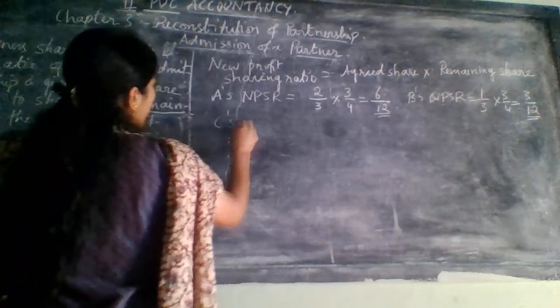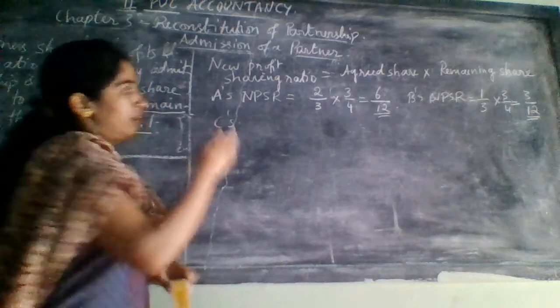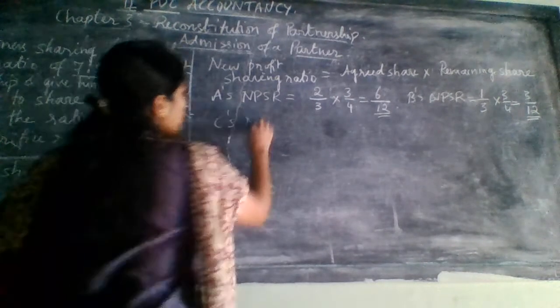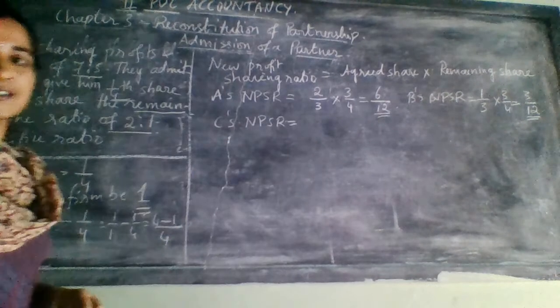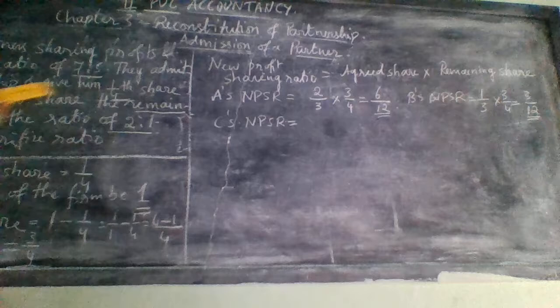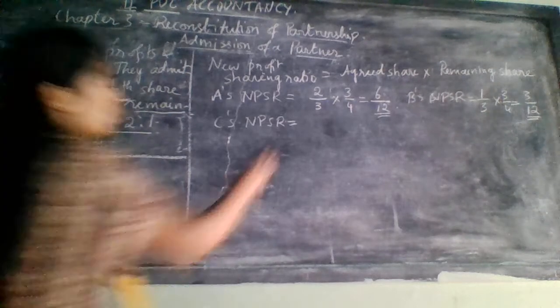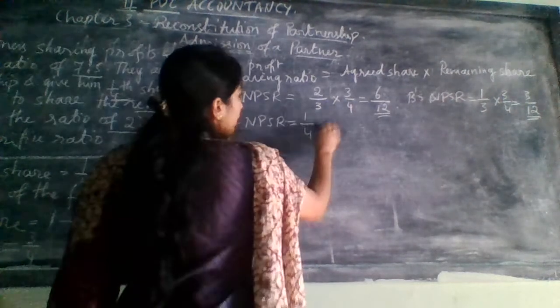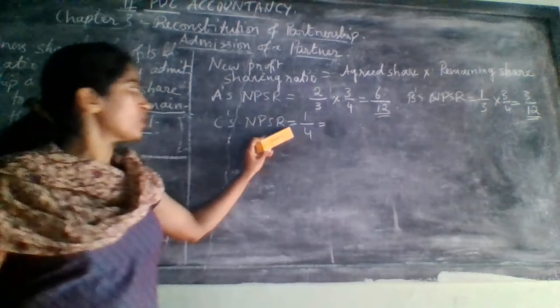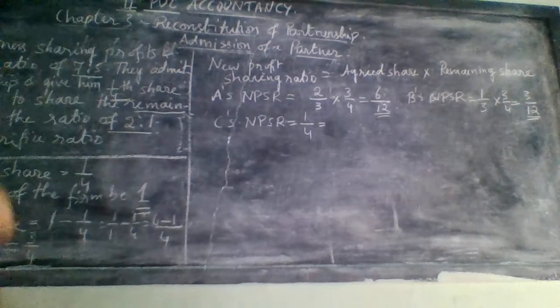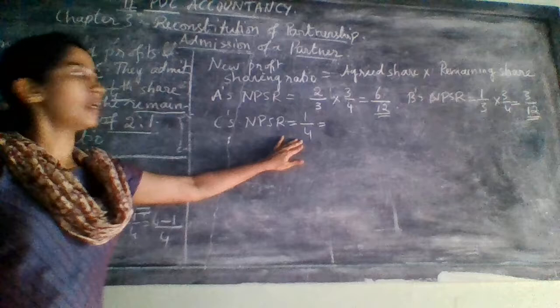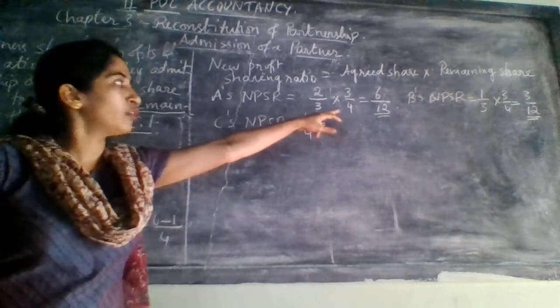Now we want C also, because C will also be there in the new profit sharing ratio. So how will you get the NPSR of C? C's share, they will give you in the problem. How much is it? 1 by 4. Correct? Now these two denominators are the same. Only C's is not the same. At that time, you need to convert this denominator to that denominator.